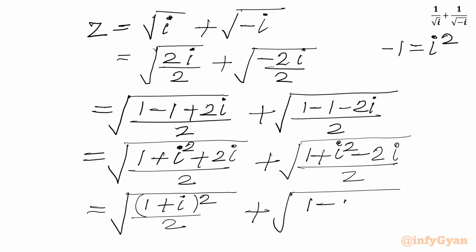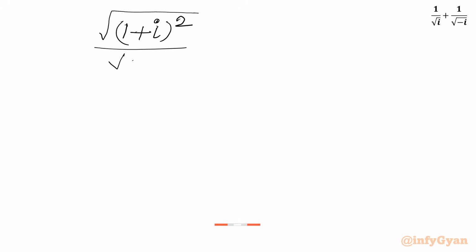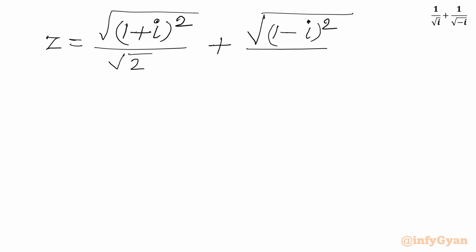We can write 1 minus i whole square in the numerator and denominator is 2. Now we can split numerator and denominator. So I can write here square root of 1 plus i whole square over root 2 plus square root of 1 minus i whole square over root 2.